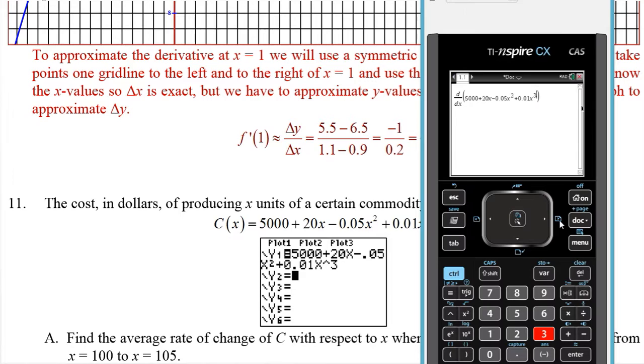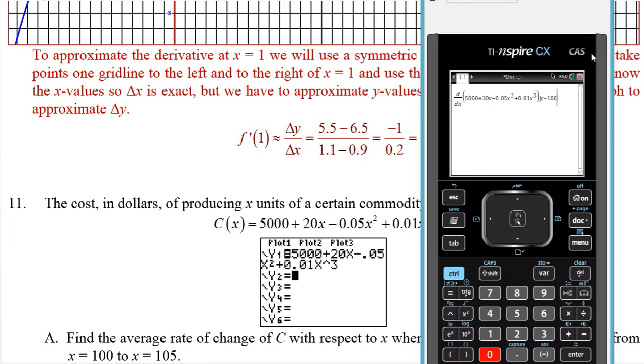Okay, there it is. And then I want to say such that. So such that is a vertical line. See a vertical line right there? It's blue, so I go control and equals, and then arrow over till I get the blue one. I can hit this button in the middle, or the enter, and then say x equals 100.